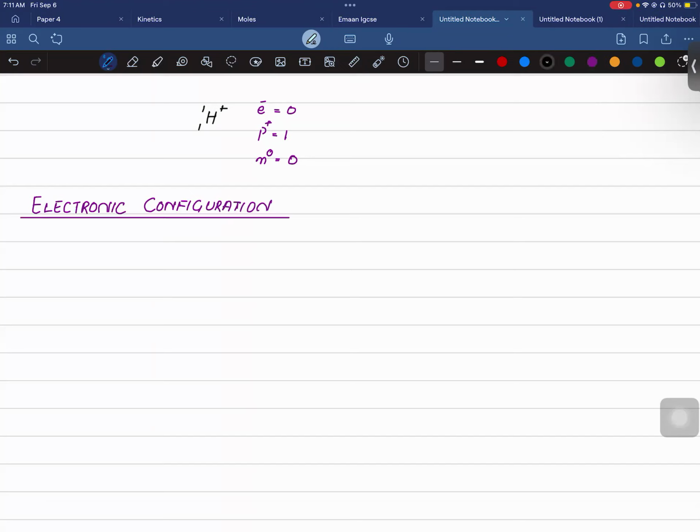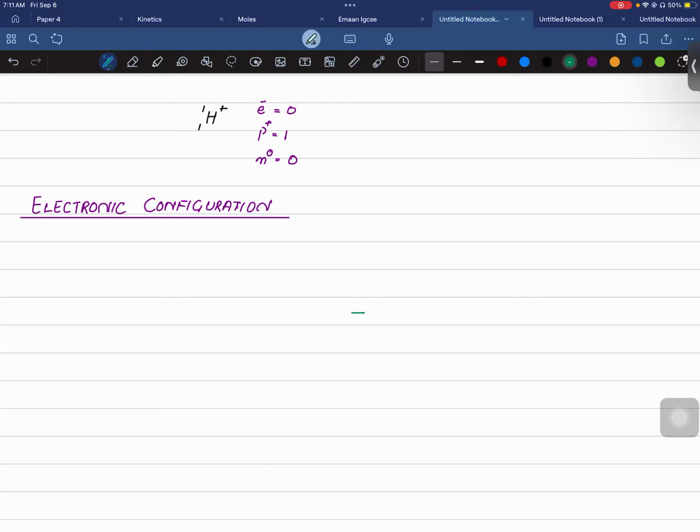When we were discussing the introduction of an atom, I told you an atom has a nucleus and shells. Shells mean the area in which electrons revolve around the nucleus.